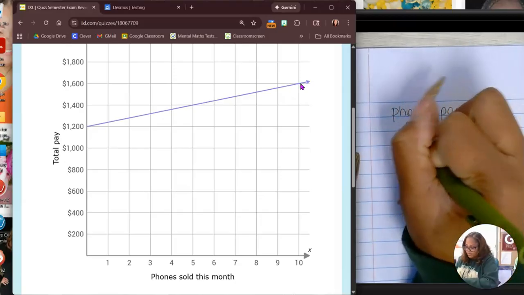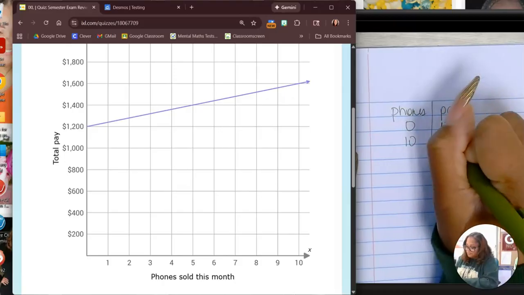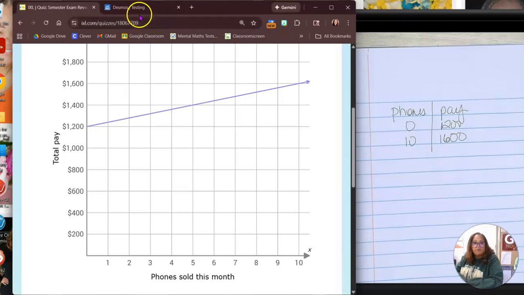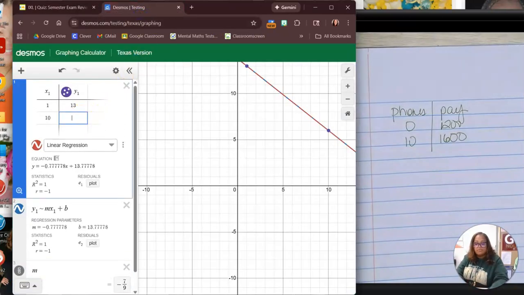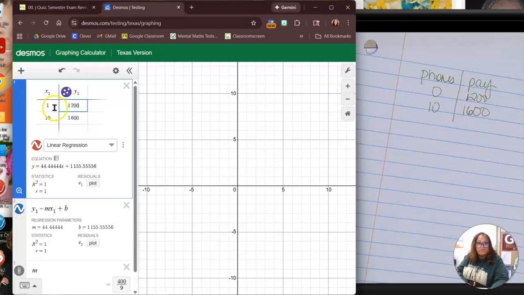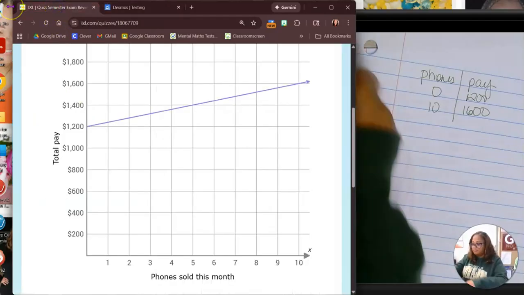After 10 phones, she gets $1,600. So I need to go to Desmos and figure out what she gets per phone. 1,600 and 10 and 1,200 and no phones. $40 per phone.